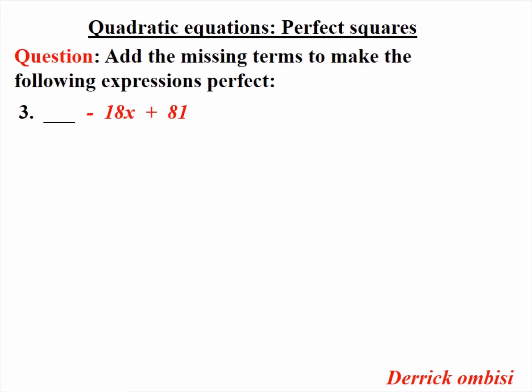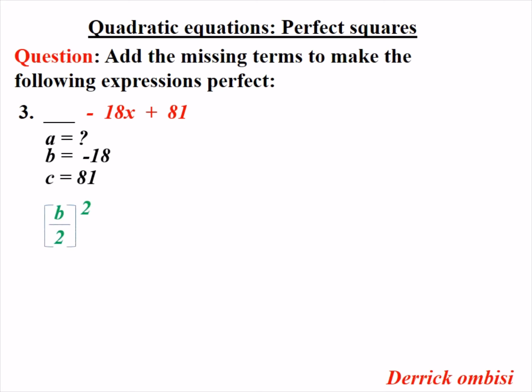Still, we go back to our condition that if we take the coefficient of x, that is b, divide it by 2, then square the quotient, we must get a multiplied by c for it to be a perfect square. From our expression, the value of a we don't know, but we know it is the coefficient before x squared. The value of b is negative 18, and the value of c is 81.